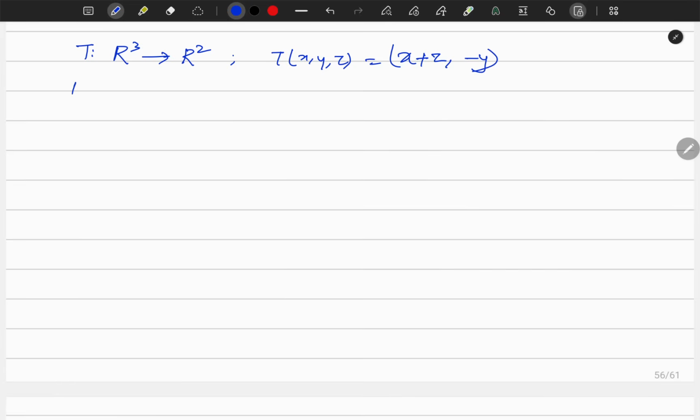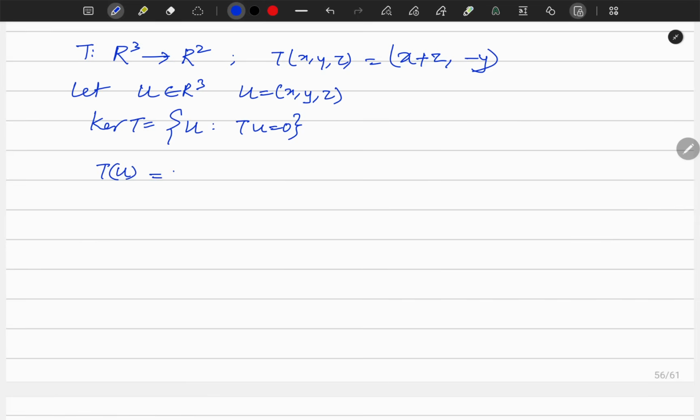So what will you do? You say let u be any element in my R3 such that u is equal to (x, y, z). Then the kernel of T is equal to the set of elements such that T of u is equal to 0. So T of (x, y, z) should be (0, 0) in your codomain.